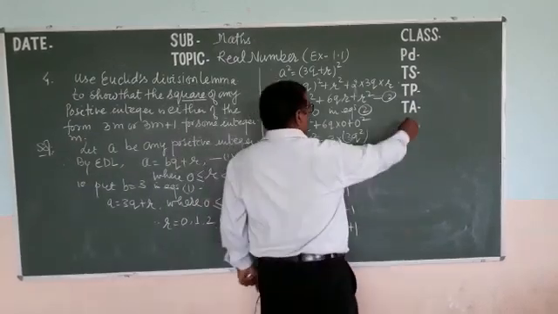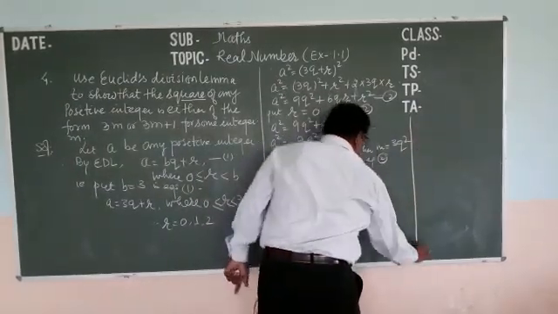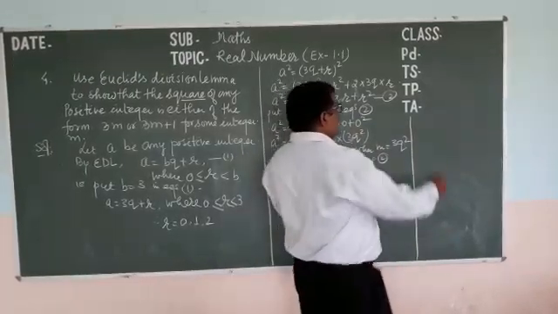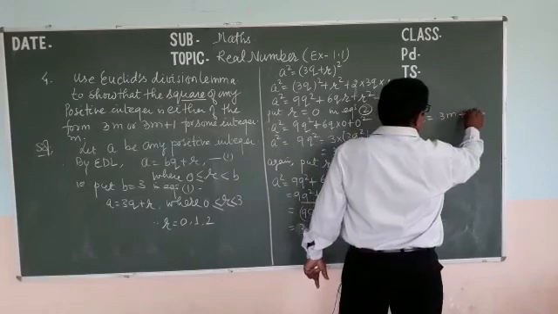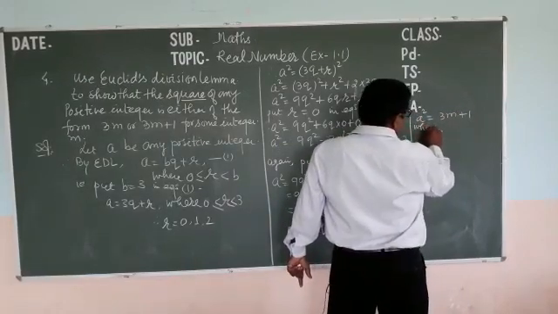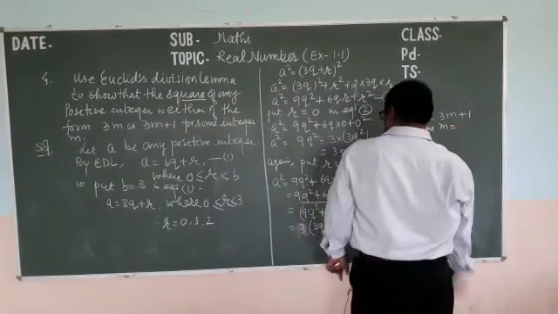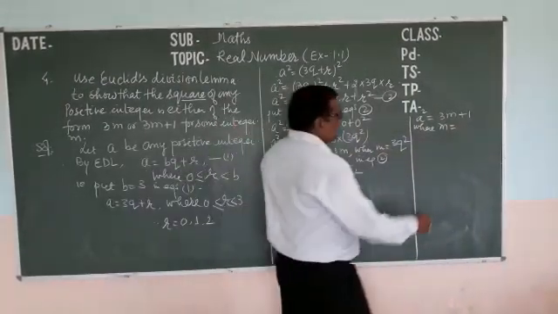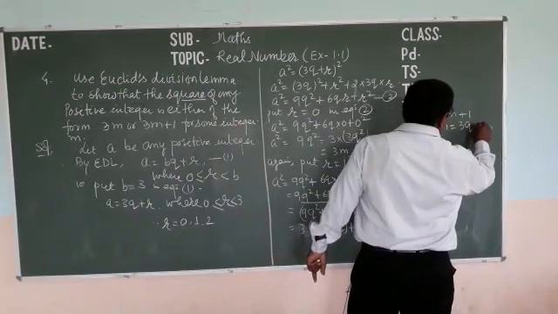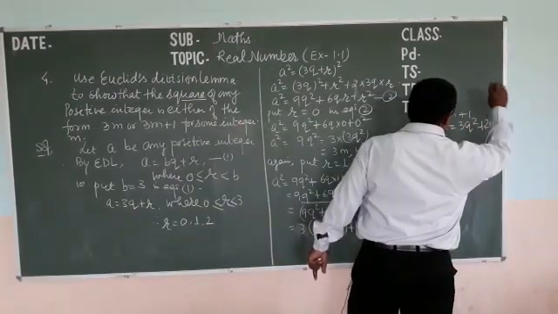Therefore a square is equal to 3m plus 1, where m is equal to 3q square plus 2q.